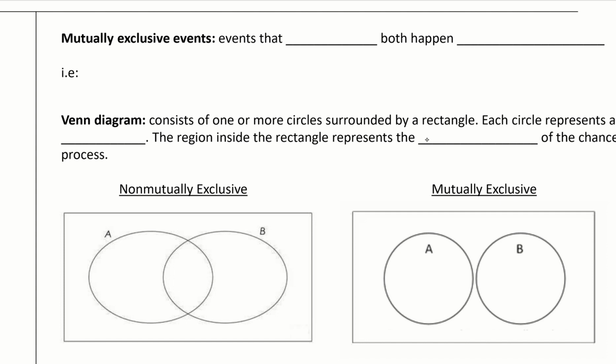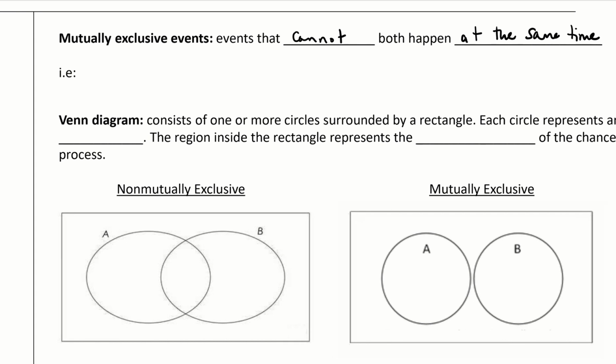Okay, so mutually exclusive events are events that cannot both happen at the same time. All right, so some examples of this are, for instance, a coin toss, right? So in the event of a coin toss, heads and tails are mutually exclusive.